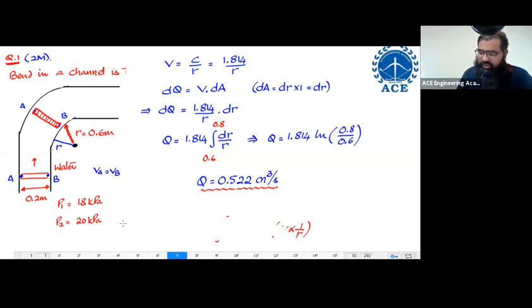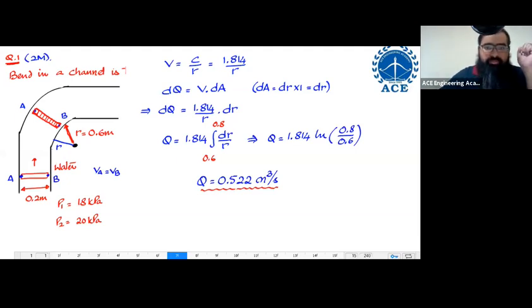I'll take one question from a previous GATE examination. This question was asked in mechanical GATE for 2 marks in the 2005 paper. You see, whenever you are having a bend in a pipe, you're going to have free vortex motion only over here.